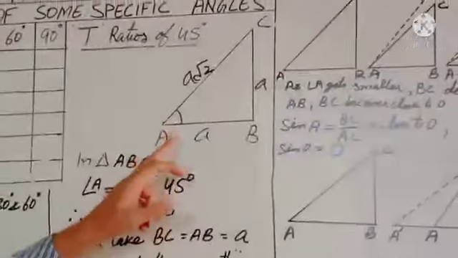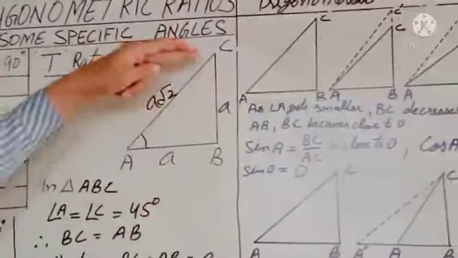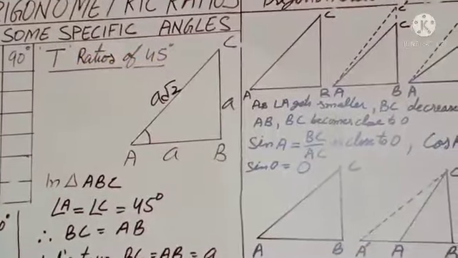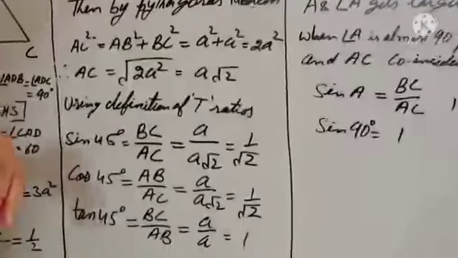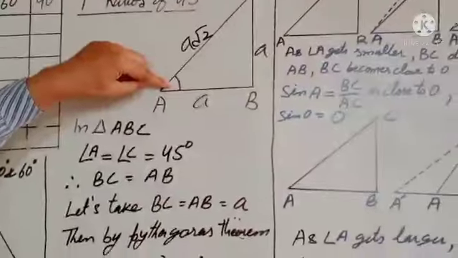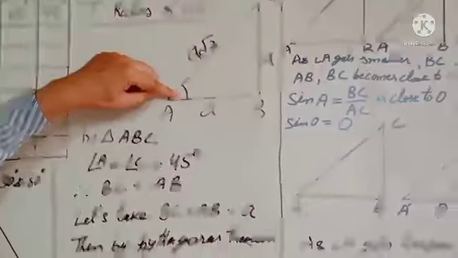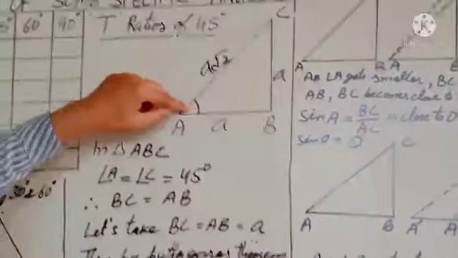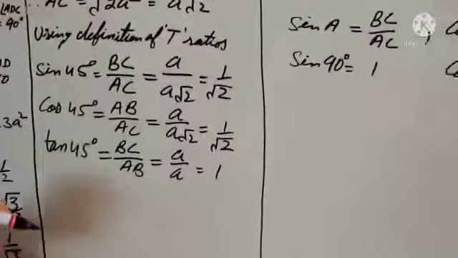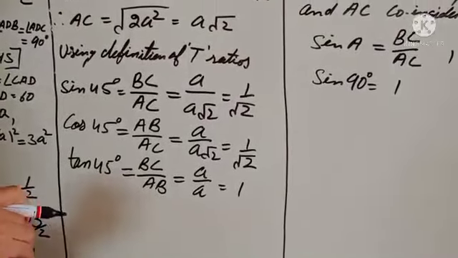Once we know the values of AB, BC and AC, it becomes very easy for us to find out the values of sin 45, cos 45, tan 45, cot 45, sec 45 and cosec 45, right? Let's try to find out sin 45 first.